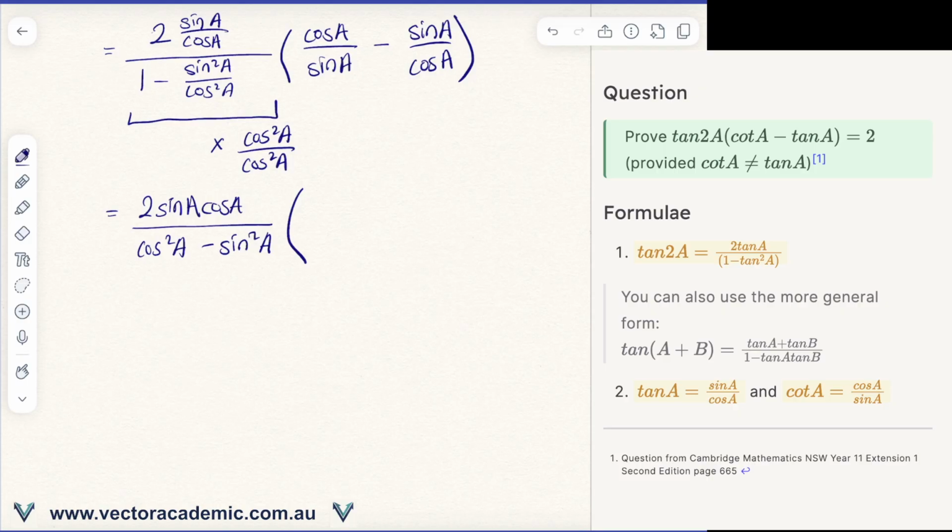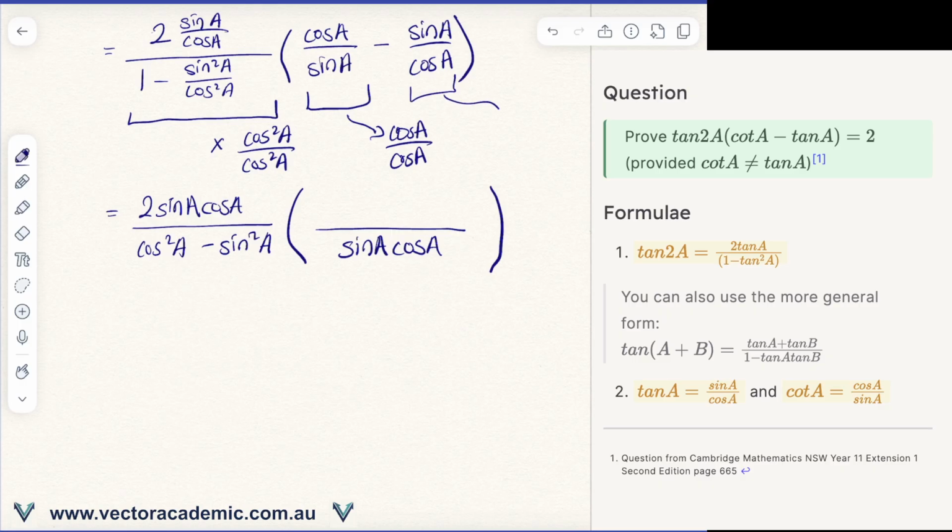Then we have our brackets here still, and for these brackets, I want to get a common denominator. So given that one fraction has a denominator of sine A, and the other fraction has a denominator of cos A, the common denominator I'm looking for is sine A cos A. So this fraction, I'm going to multiply by cos A over cos A to get that denominator.